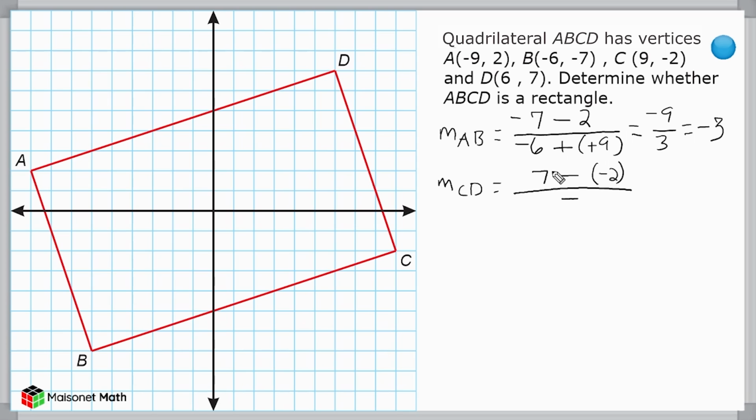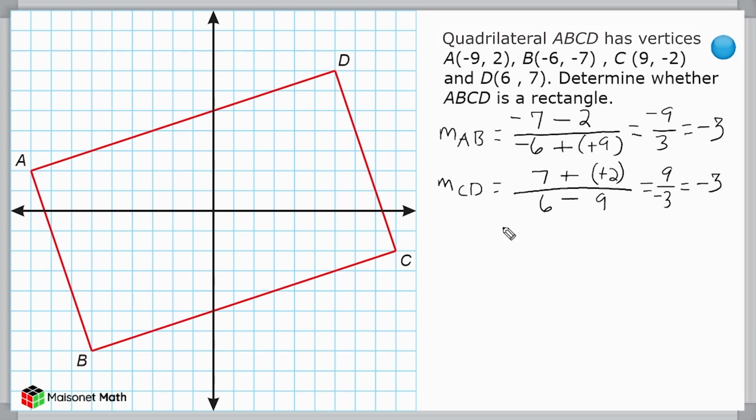And on the bottom, we're going to go to this x, which is 6, and subtract that with this x, which is 9. All right, so for the numerator, we get 7 plus 2, which is 9. And on the bottom, we get -3. And when simplifying, we do get the same slope as this line here, which is -3.